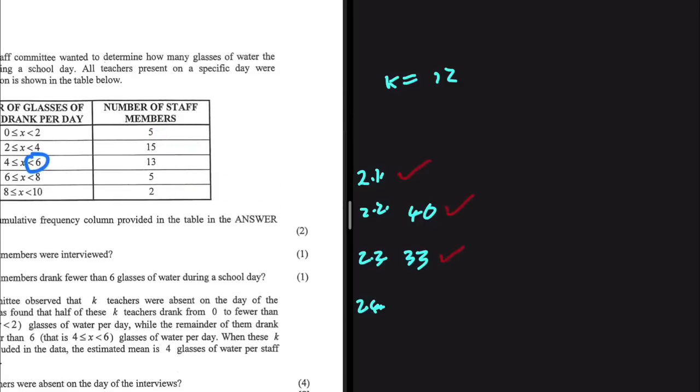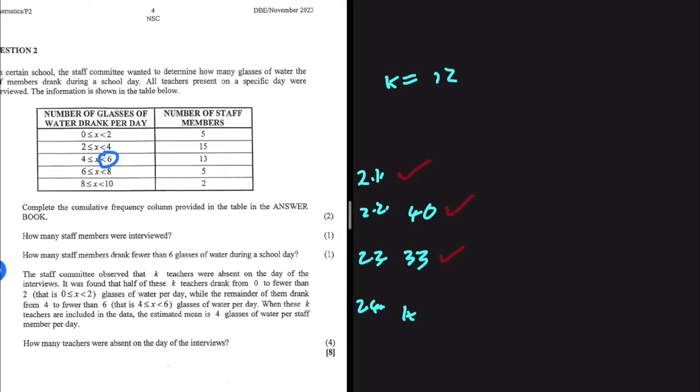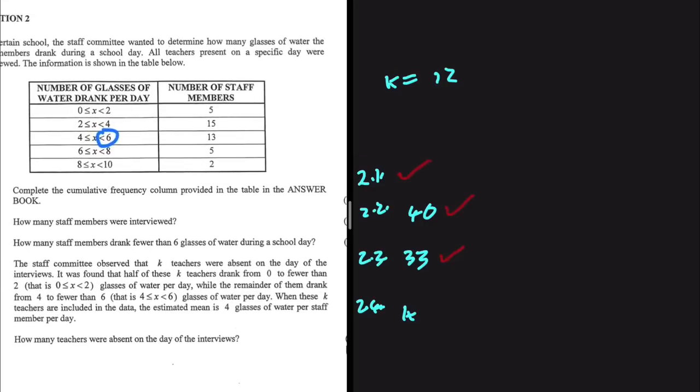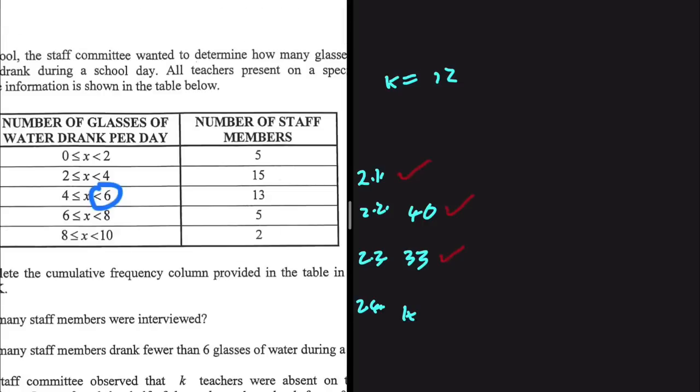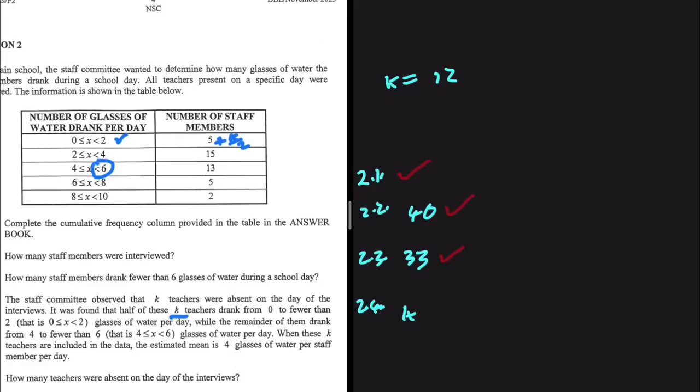I want to show you something. k teachers were absent, and half of these k teachers drank between 0 and 2 glasses. So for 0 to 2 glasses of water, we have 5 plus k divided by 2, because we know that k divided by 2 teachers drink between 0 to 2 glasses of water.